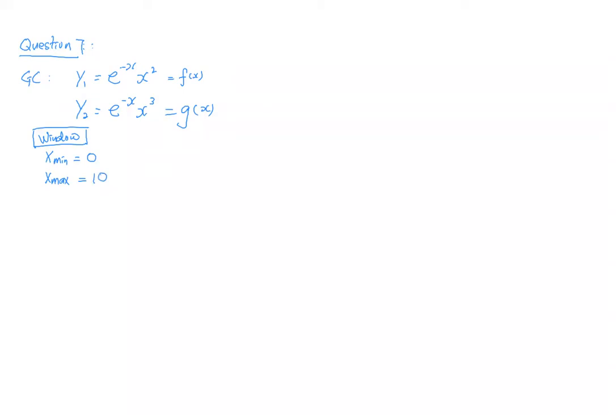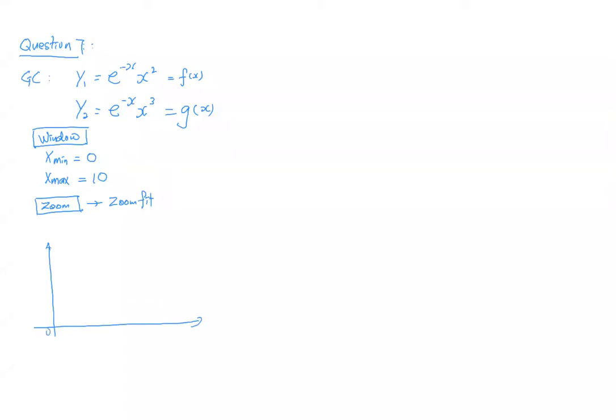So after that, you go to zoom. Then you do a zoom fit. You select zoom fit. All right. After you select zoom fit, the graph comes out. They will have two graphs.